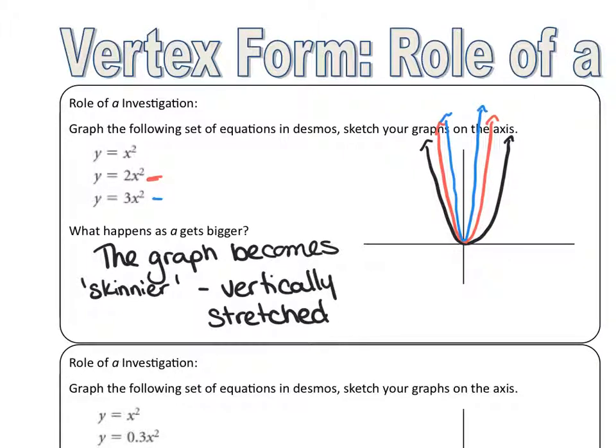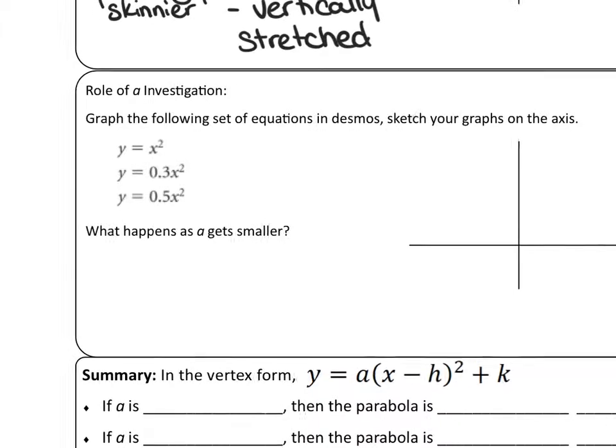Therefore, making it look like it is steeper or skinnier. So the bigger the A value, it gets more stretched or skinnier or closer to the y-axis, however you want to say it.